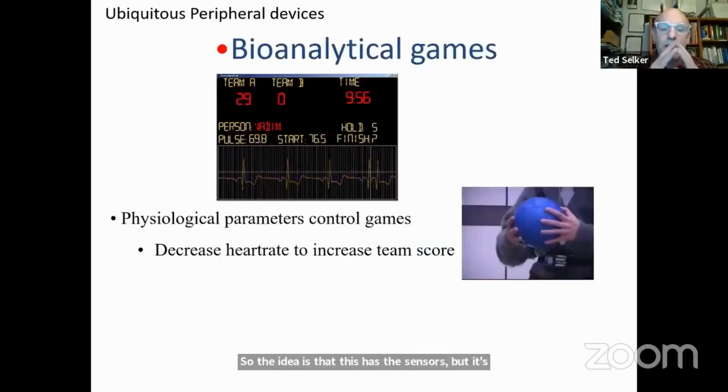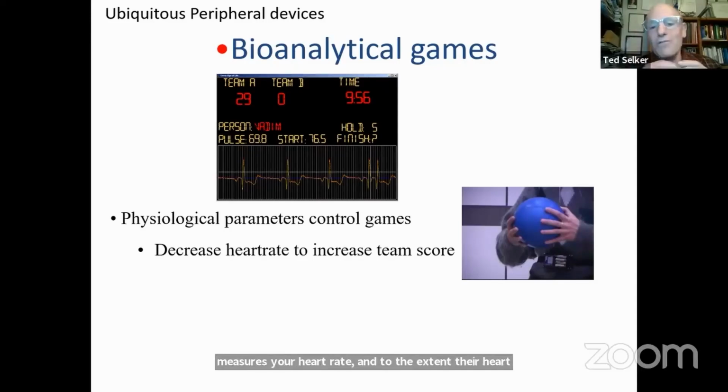Another example of something that one of my students did is he made a game where when you catch the ball, it measures your heart rate. And to the extent that your heart rate is going down, your team gets more points.